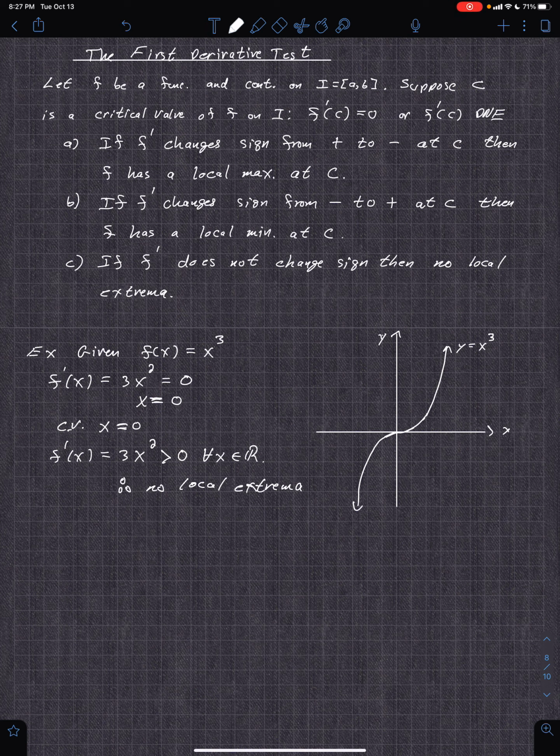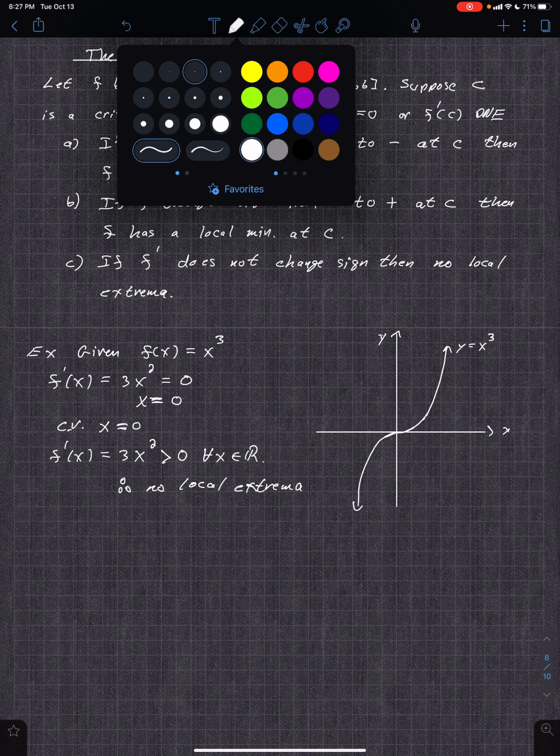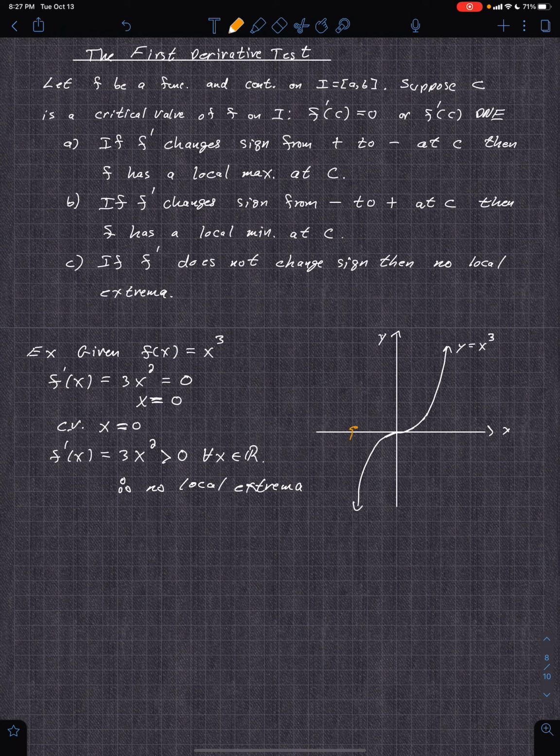So it's just describing stuff here. If you put an interval, you know, from A to B, then your extrema would be on the closed interval. Your minimum would be on the left side, your maximum would be on the right side, at the endpoints. Okay, but we're not looking at that right now. But keep that kind of stuff in mind. So no local extrema.